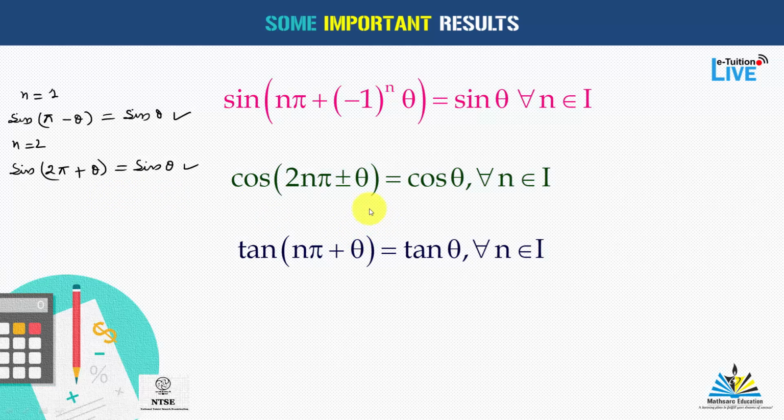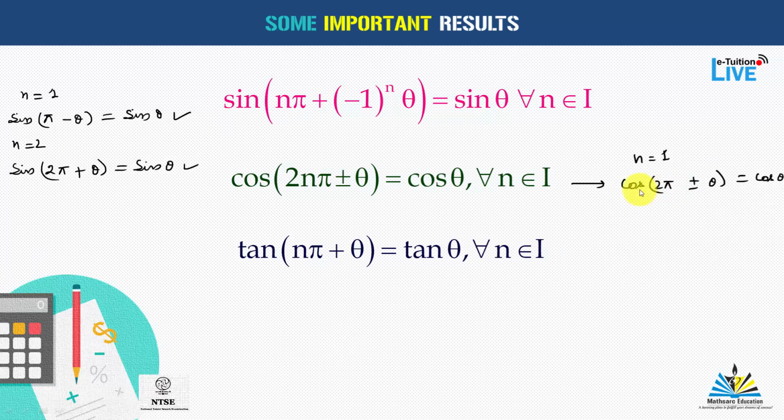Now let's think about this formula for n equal to 1: cos of 2n pi, that is 2 pi plus minus theta, is equal to cos theta. So 2 pi is 360 plus theta or 360 minus theta. For plus theta, the angle will move to the first quadrant, and for 2 pi minus theta it will move to the fourth quadrant.